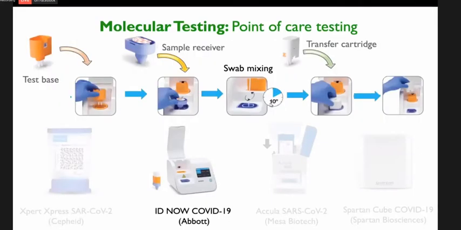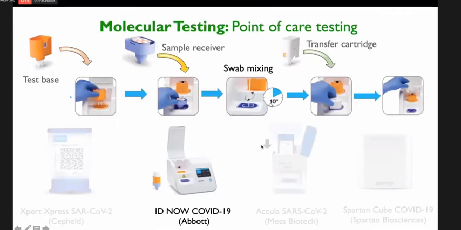Another system, the ID NOW system from Abbott, has actually drawn the attention in the laboratory testing of COVID-19. In this method, a test device is inserted into the test base holder, and the sample receiver is inserted into the sample receiver holder, followed by the mixing of the swab specimen for approximately 10 seconds. After that, a test cartridge is used to transfer the sample from the sample receiver into the test base, and the result is available very rapidly.